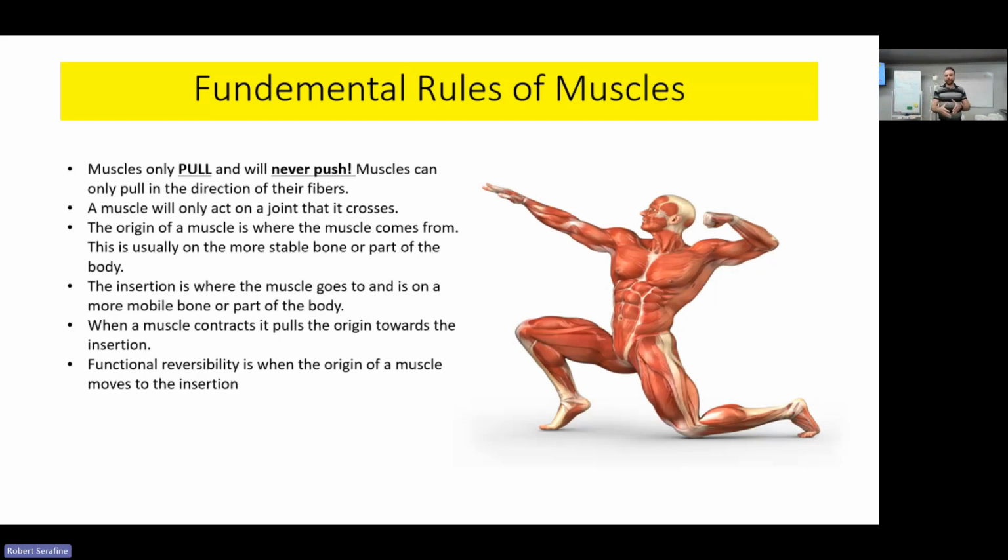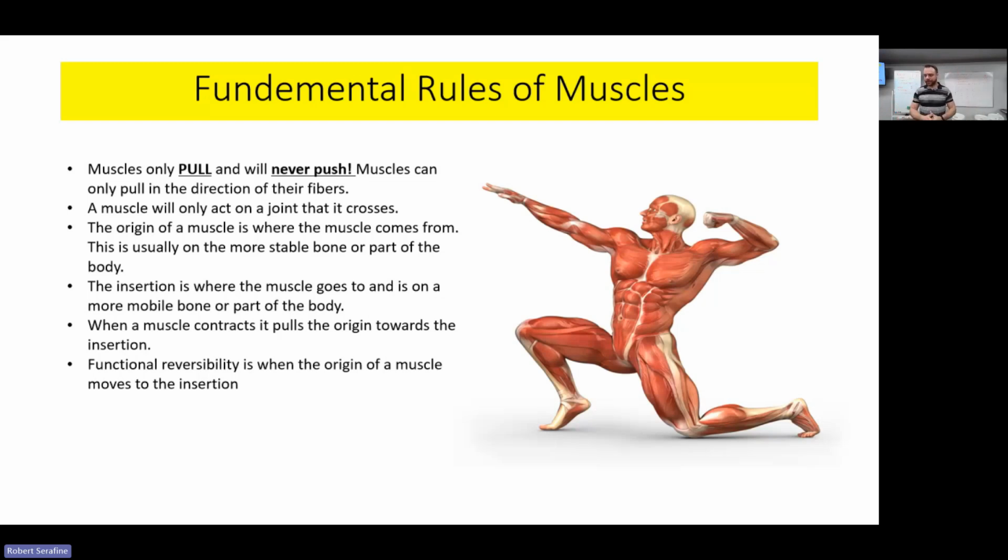The more unstable, more mobile end will move, while the more stable end is not going to. So typically, you can envision where the origin of a muscle is based off of looking at its picture. That, oh well, this part of the body is pretty solid, pretty sturdy. So this probably is our origin versus the insertion.